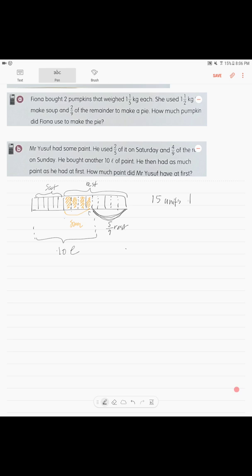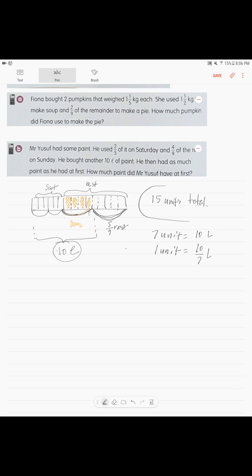15 units total, right? And we know that this 3 plus 3 plus 4 is 10 liters. How many? 7 units is 10 liters. If our 7 small units is 10 liters, how much is 1 unit? 1 unit is 10 divided by 7 liter, right? They're asking us how much paint did Mr. Yusuf have at first.